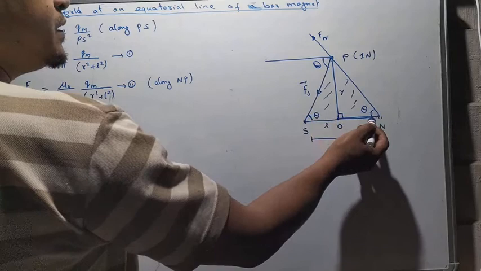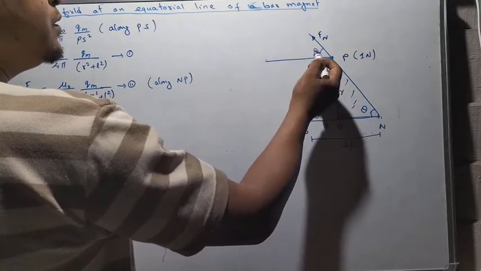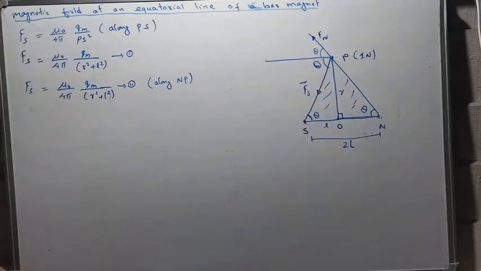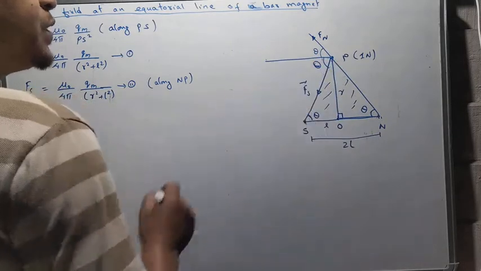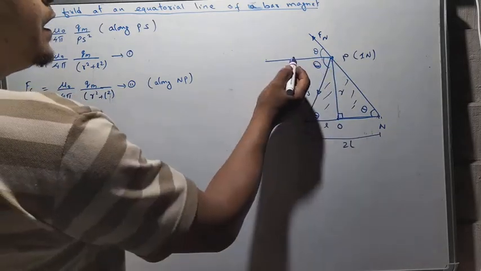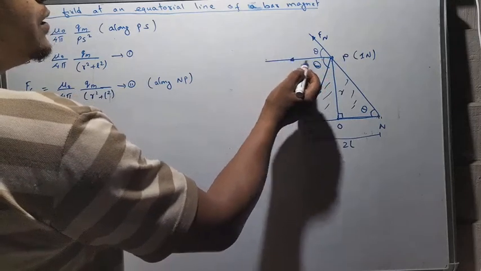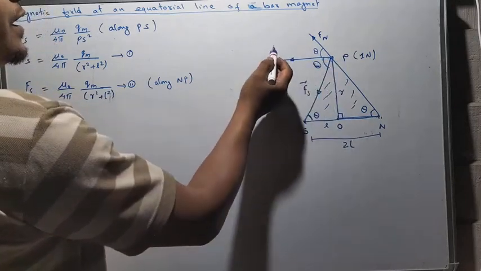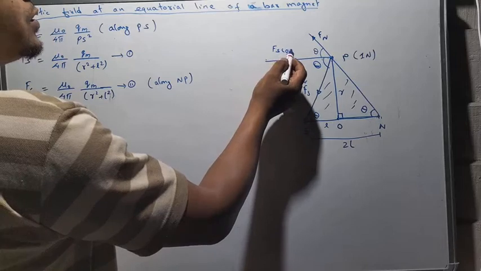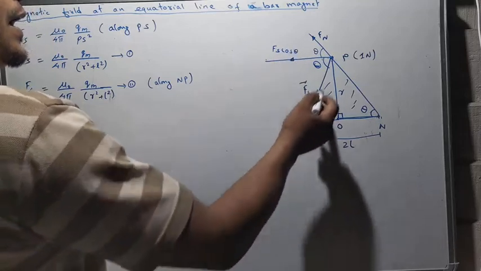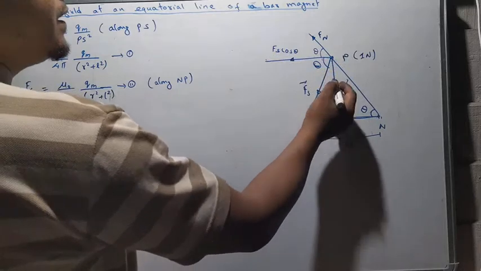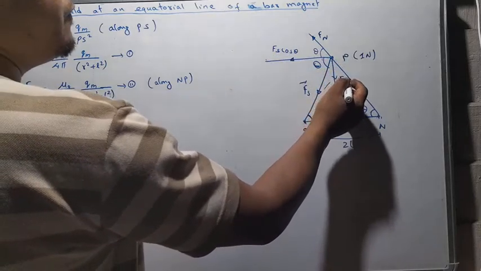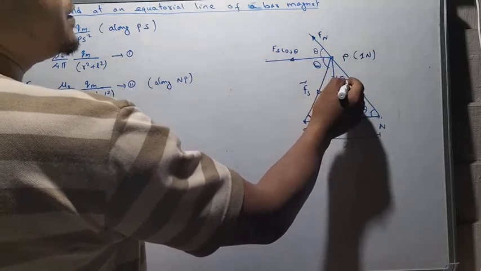Similarly, if this angle is theta, then this one also will be theta. Now, if you resolve this Fs into two rectangular components, then along this line you will get Fs cos theta, and the component of Fs along the y-axis is Fs sine theta.